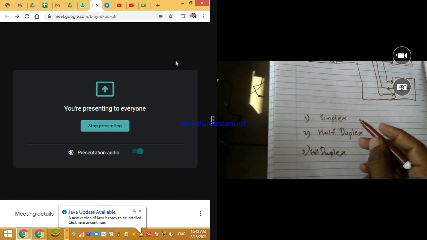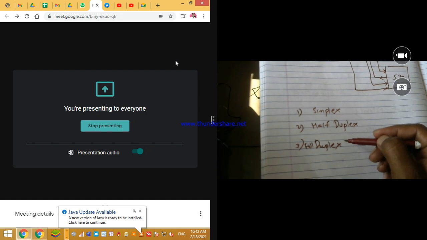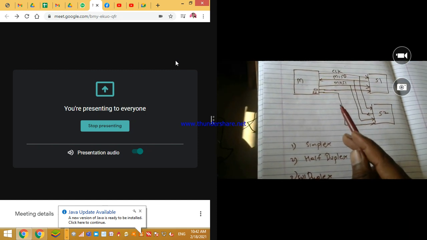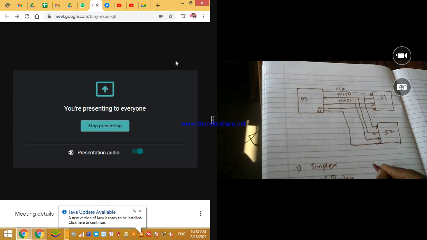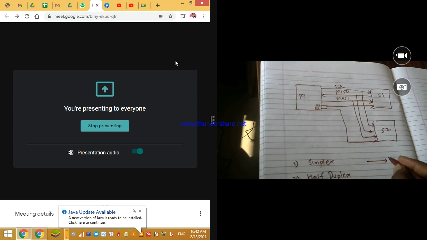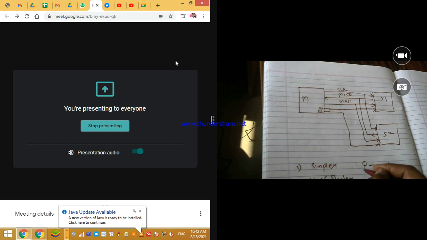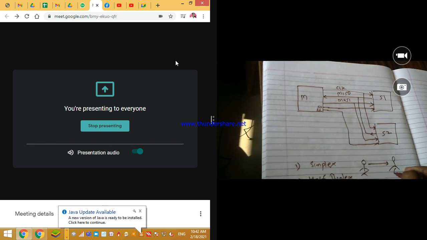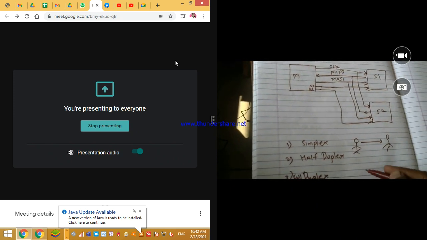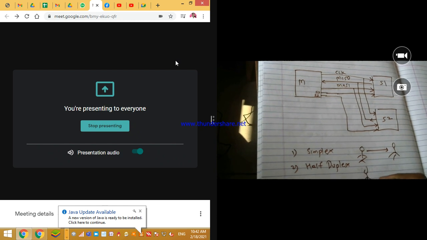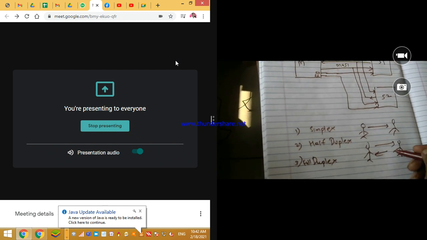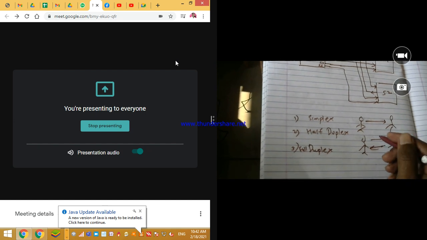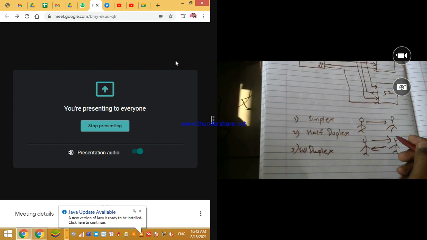These are the three ways we can do the communication in embedded systems. Simplex means at a time only one can do the communication, only one way is there. Half duplex, there is a two-way communication, but at a time only one can do the communication.